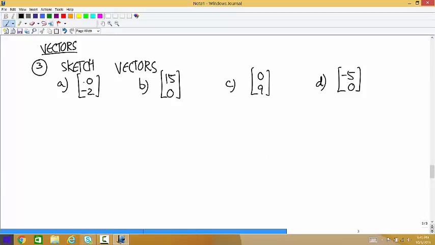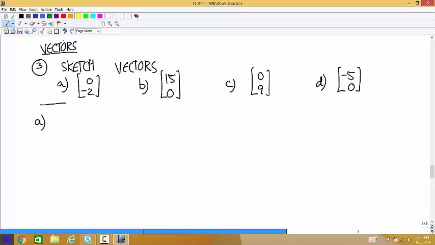And this is the stuff I was saying about how to remember that you can always treat the vector components as the same thing as the coordinates of the head. So that's how we're going to think about this. What we're trying to do is plot the coordinates of the head, and then you can just draw the vector in.